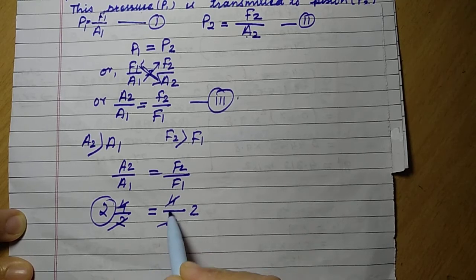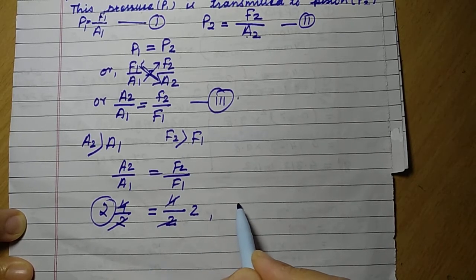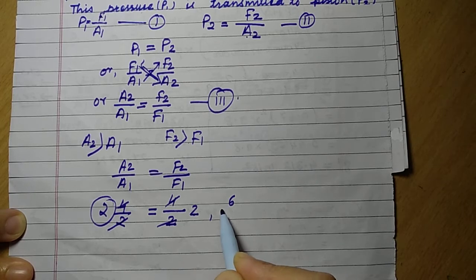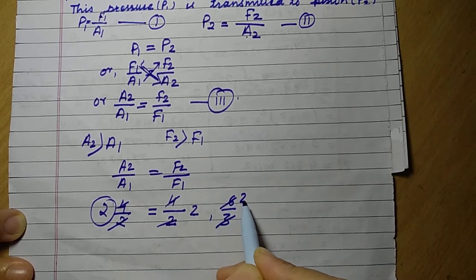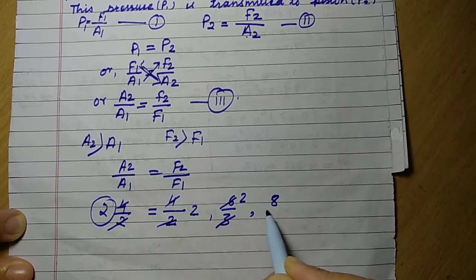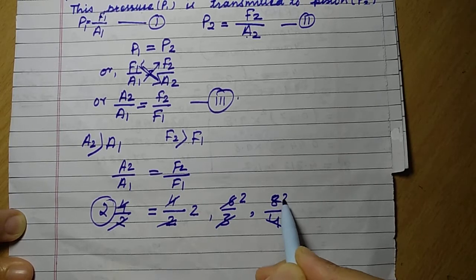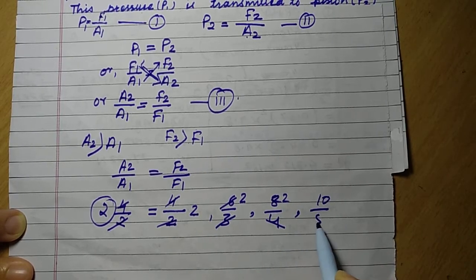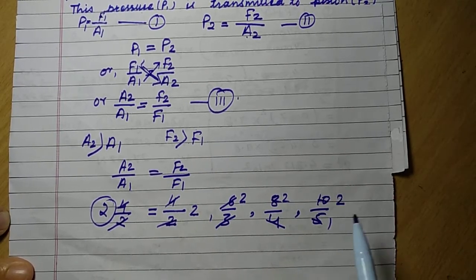Or in place of 4 by 2 you can write 6 divided by 3, 3 ones are 3, 3 twos are 6, or 8 divided by 4, or 10 divided by 5. In every case you are getting 2, and this 2 is equal to this 2.